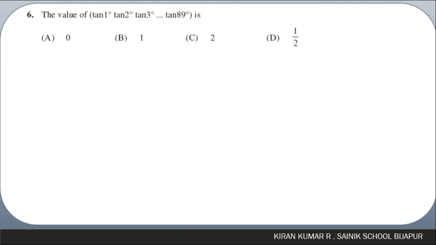Question number 6. The value of tan 1 degree multiplied by tan 2 degrees multiplied by tan 3 degrees and so on till tan 89 degrees is.